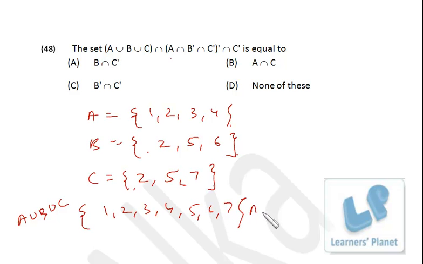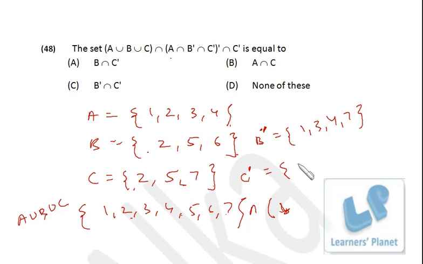Now we have to find A intersection B dash intersection C dash. B dash will be 1, 3, 4, 7, eliminating 2, 5, 6. That is B dash.